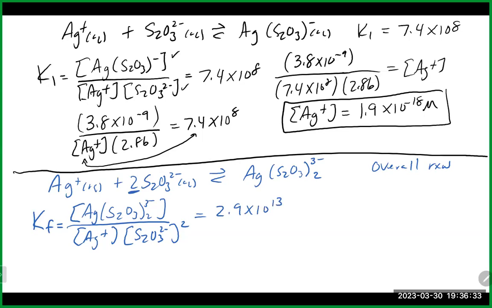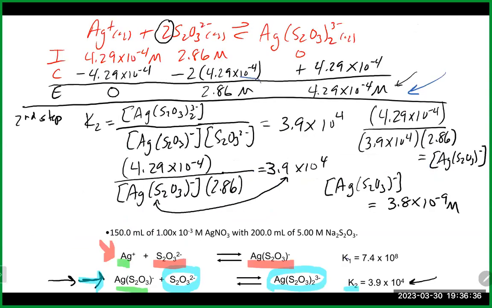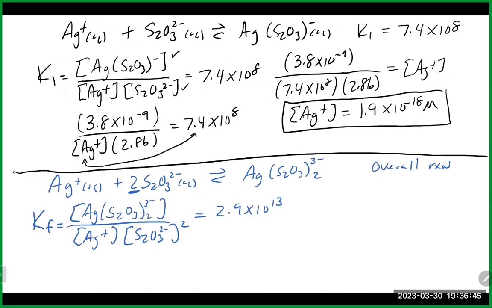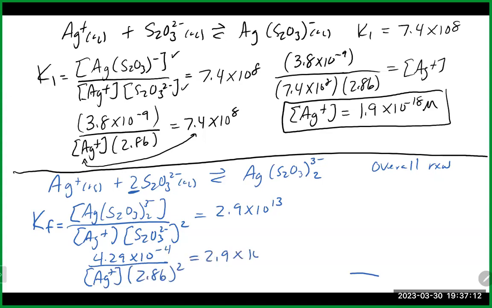So at this point, from our very first ice table, we had this number and this number. Again, we could call this X, like we did on the first problem. If we put it in there, we end up with, I believe, 4.29 times 10 to the minus 4 divided by our silver times 2.86 squared, equals 2.9 times 10 to the 13.